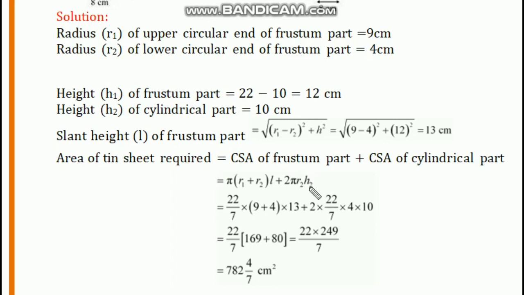Here h2 is denoted as the height of the cylinder and r2 is the radius of the cylinder. This is the top of the funnel, the radius r1, and r2 is the end part.